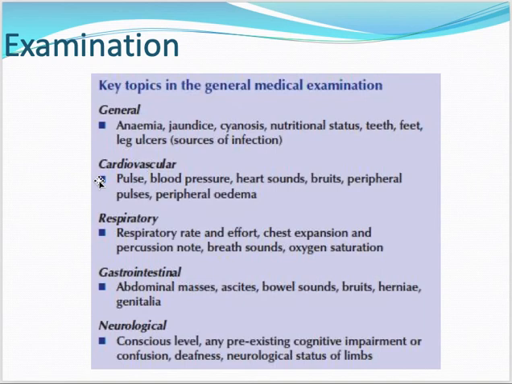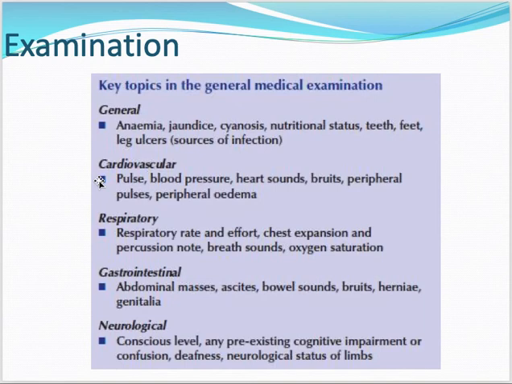After clinical history, we go for examination. When we go for examination, of course, we take the vitals, then we do the GPE, or general physical examination. We look for anemia, jaundice. The good thing is you all have done physical diagnostic classes.